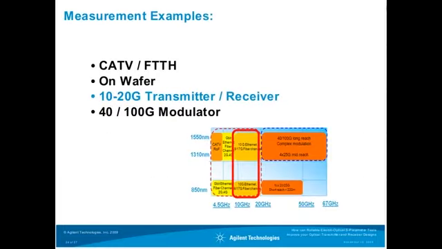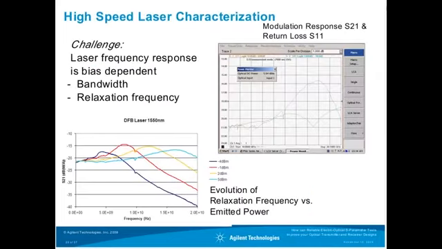Now let me move further on into characterizing 10, 20G transmitters and receivers. Here, in this field, we have directly driven lasers for the transmitter components, and the key challenge is that the frequency response of these lasers is bias dependent, so the effective bandwidth and the relaxation frequency of those laser components really depend on the biasing conditions.